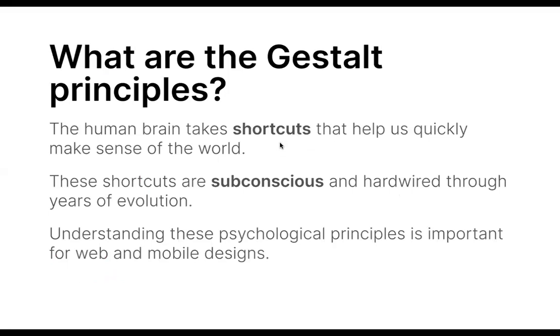So what are Gestalt principles, right? Now, as I've said, the human brain, the way it works, it takes a lot of shortcuts. If there are words that I will say, automatically your brain will start thinking something, right? Everybody has biases. Every single human being on earth has biases. If I say the word Ghana, or should I say Ghanaian people, there is something that your brain is thinking already.